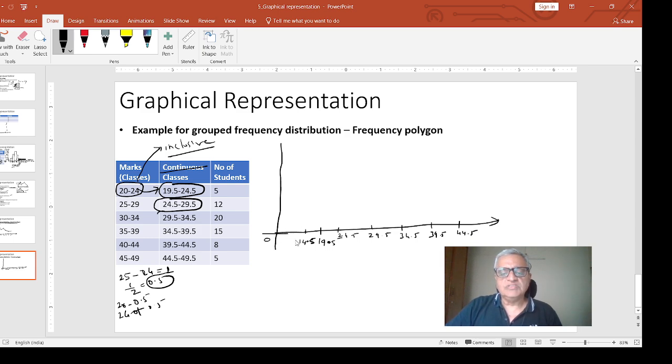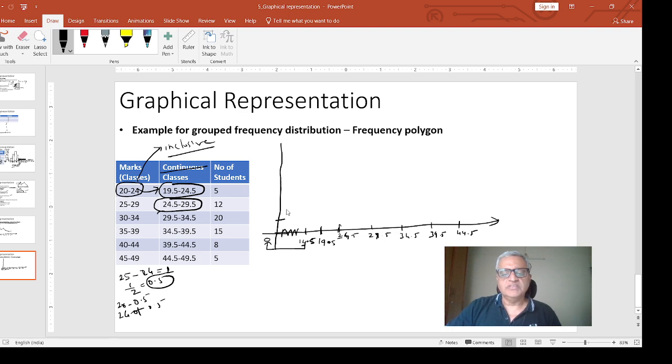Now remember one thing, since we are starting this from 14.5, it is not scaled appropriately. So the best way to do it is to mark it like this, because 0 to 14.5 is not scaled, whereas after 14.5 you have equal intervals, right? 24.5, 29.5. All right, okay.